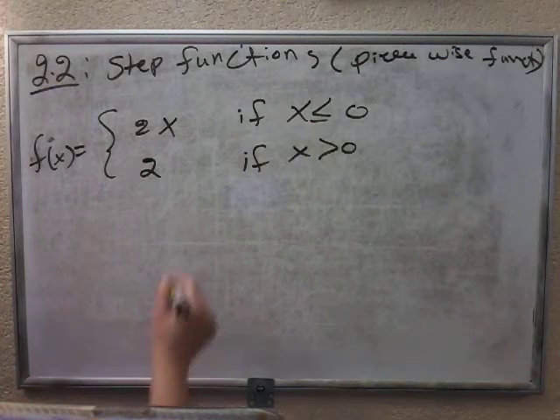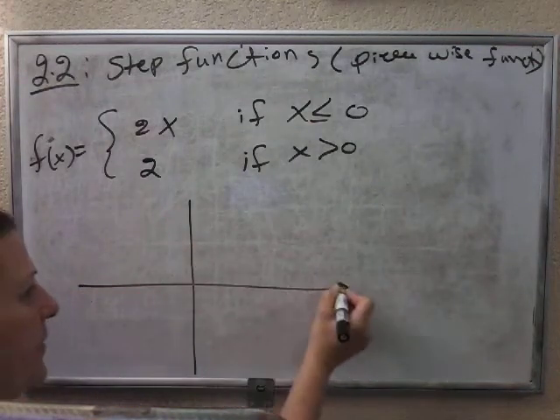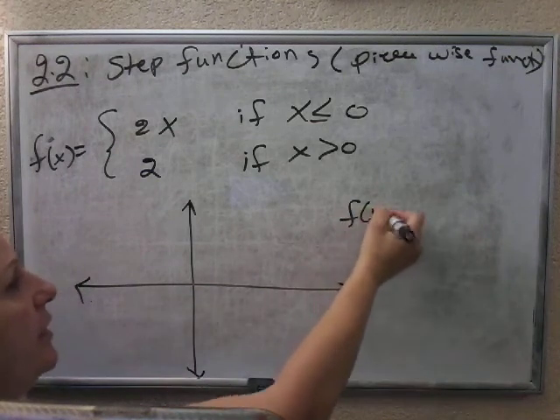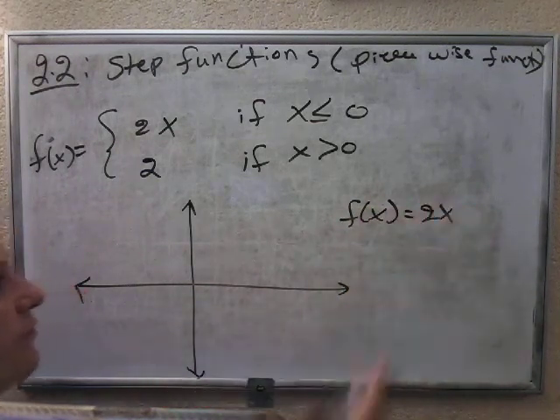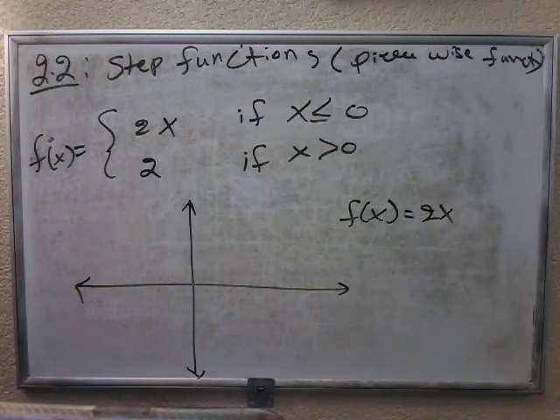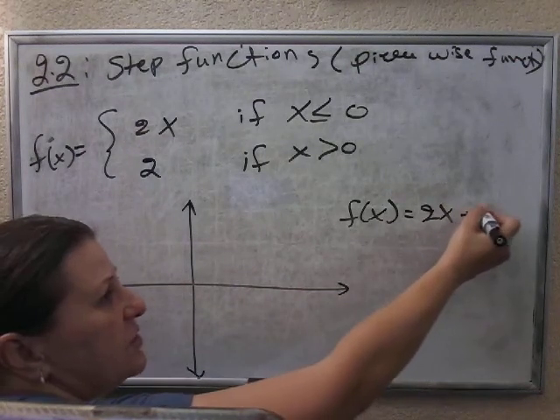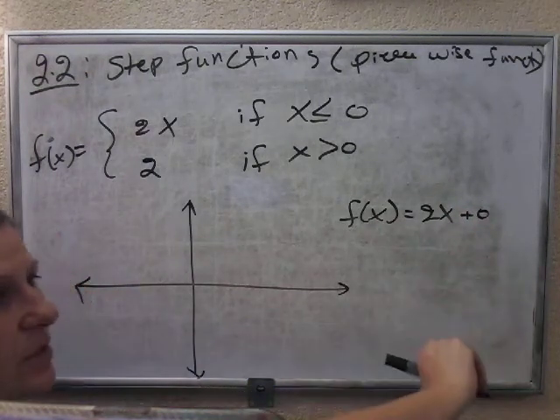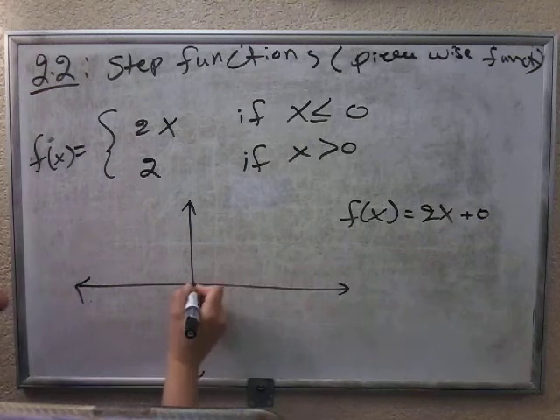So let's first of all graph the function here. And let me graph f of x equal 2x. So how would we graph a function that it's f of x equal to 2x? Remember, there's nothing here, so it's plus 0. There's no y-intercept, so I add the 0. That means the y-intercept is at 0, 0.